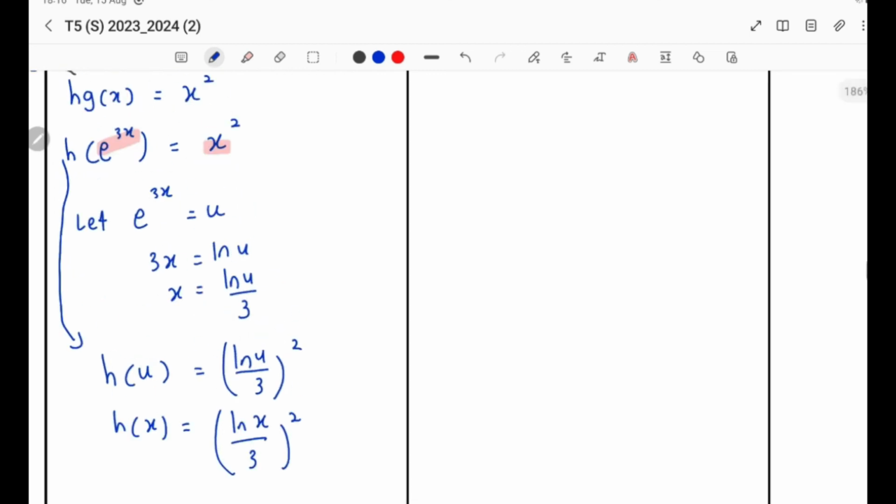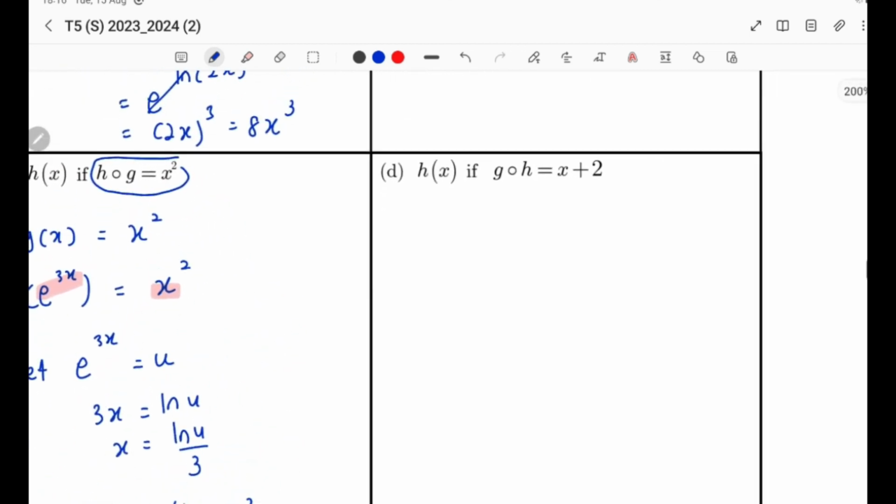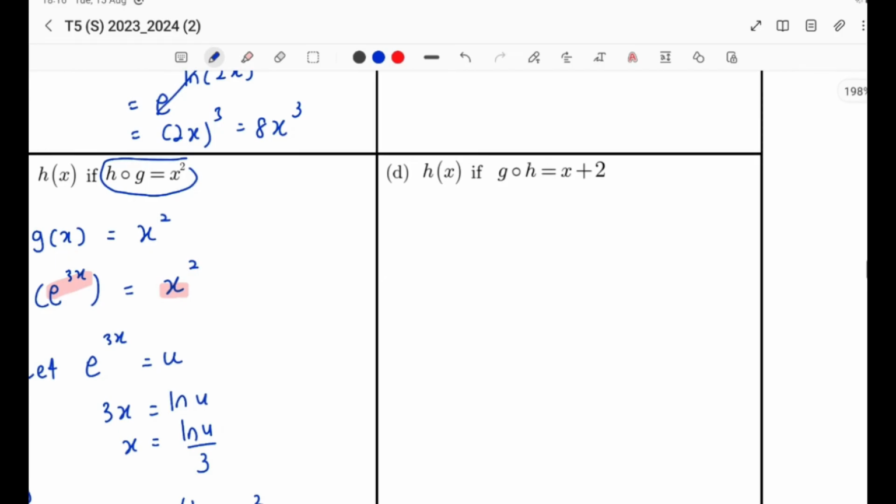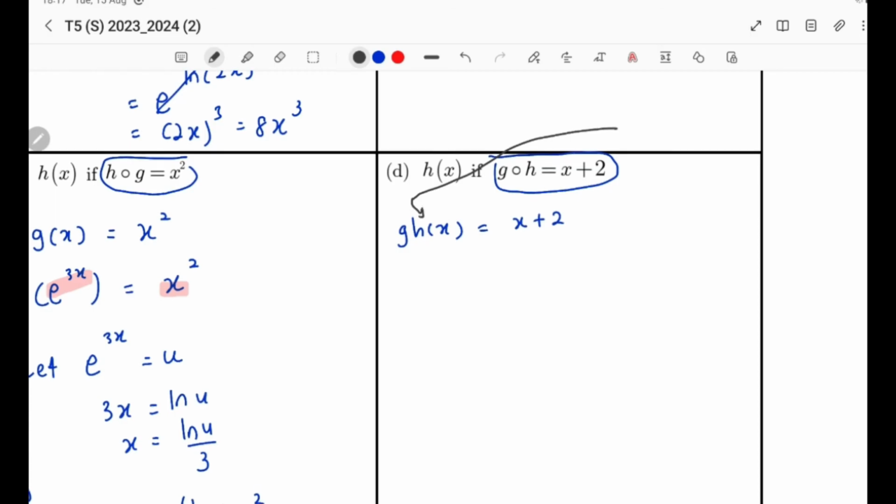And we're done. Next, for the last example, D, we are given g of h(x) equals x plus 2, and we need to find the inner function. The unknown function is the inner function.